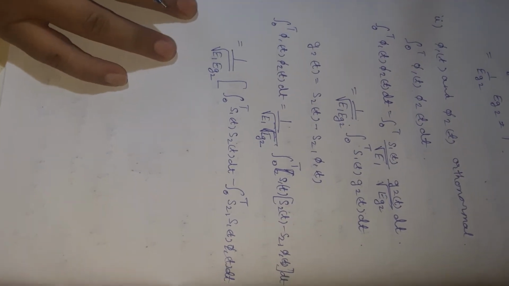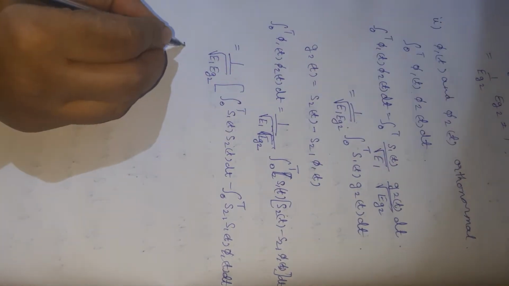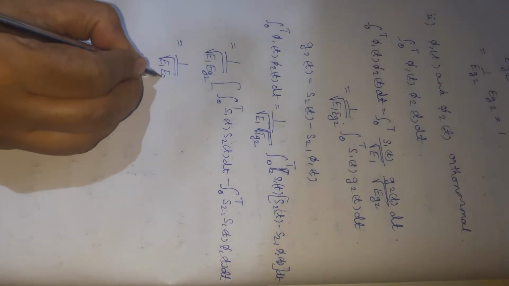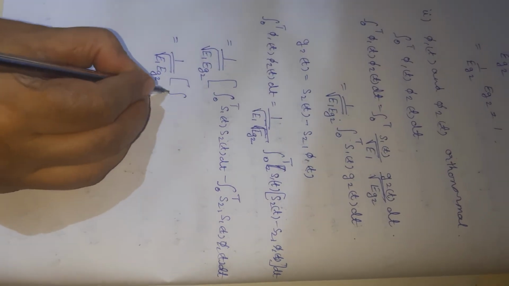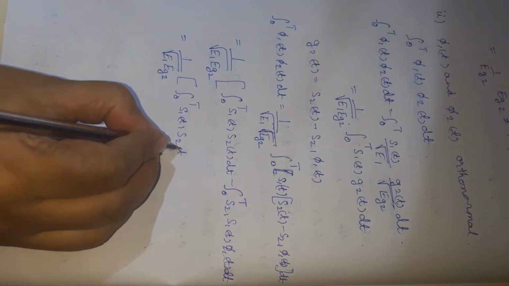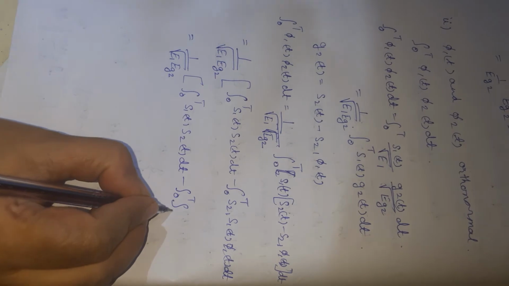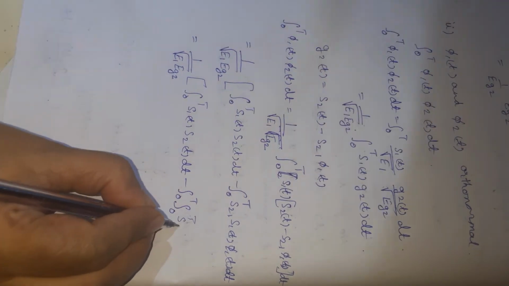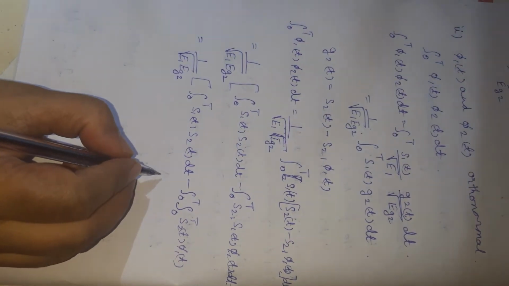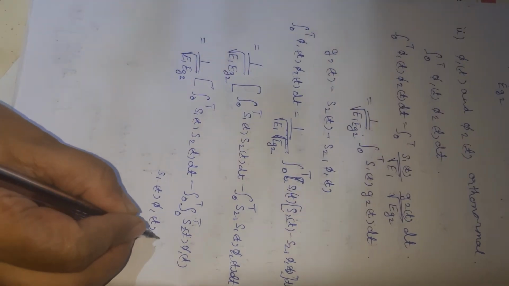So putting this in the before equation 4, we can write it as 1 over root E1 Eg2, integration from 0 to T of s1 of t s2 of t dt minus integration from 0 to T of s2 of t phi 1 of t s1 of t phi 1 of t dt.